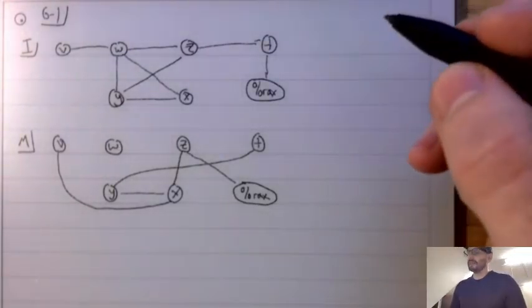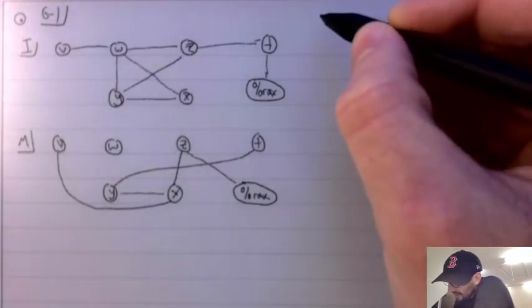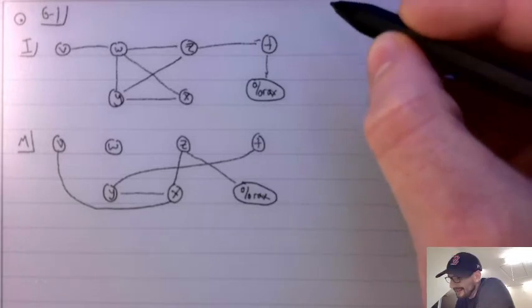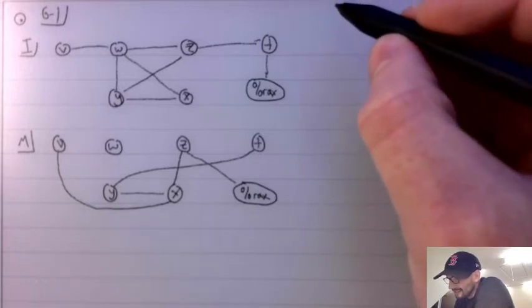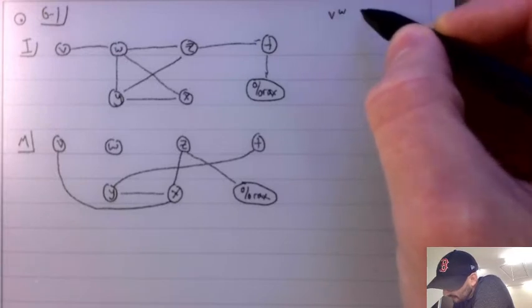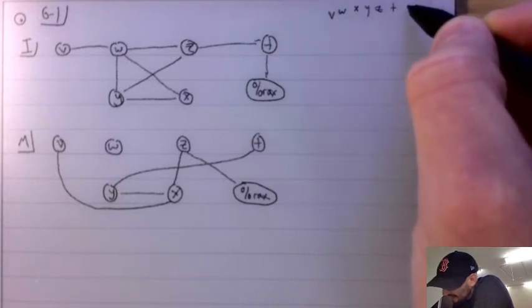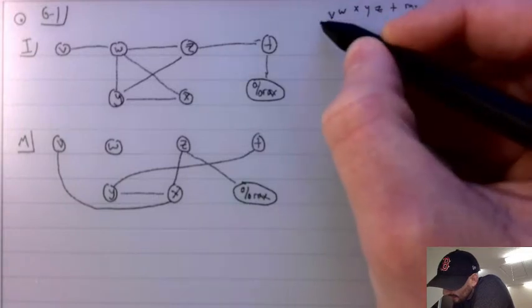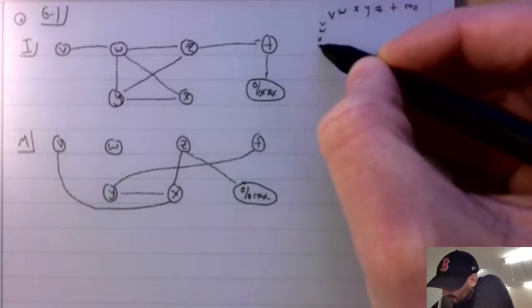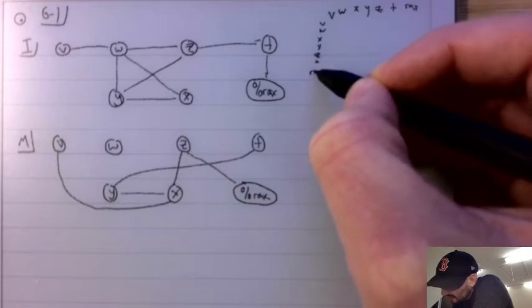So here's what an adjacency matrix is. An adjacency matrix would be to build a matrix that had all the nodes as the rows and columns. So we'd have V, W, X, Y, Z, T, RAX, and then we'd have V, W, X, Y, Z, T, RAX here.